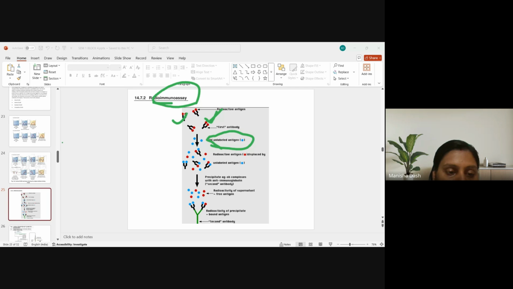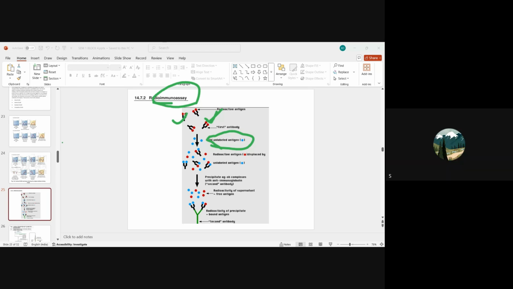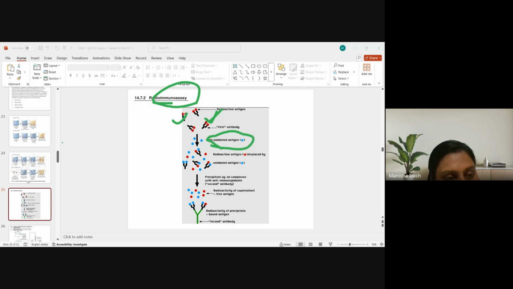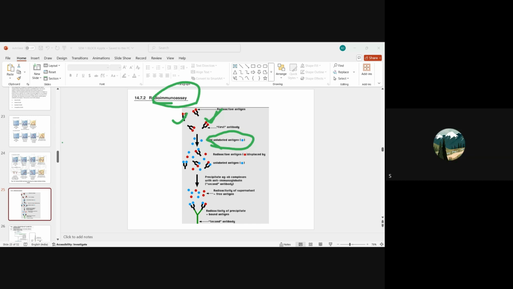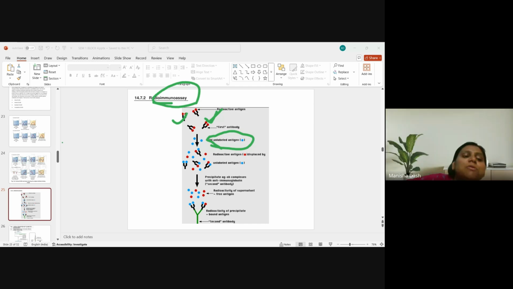Yes, any question? Radio labeled antigen is bound with the wall of... sorry, I cannot hear you clearly. Radio labeled antigen is bound with the microtiter plate? No, here it is bound to the antibody actually. Before adding to the microtiter plate, you have already prepared a mixture of antigen and antibody.